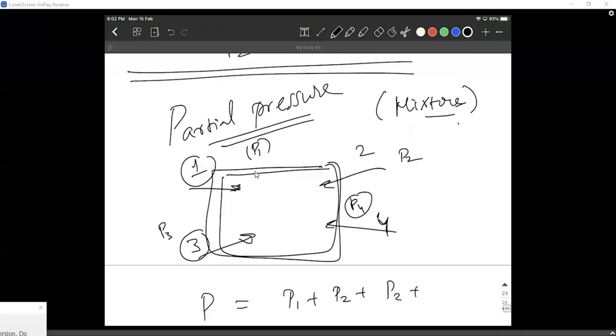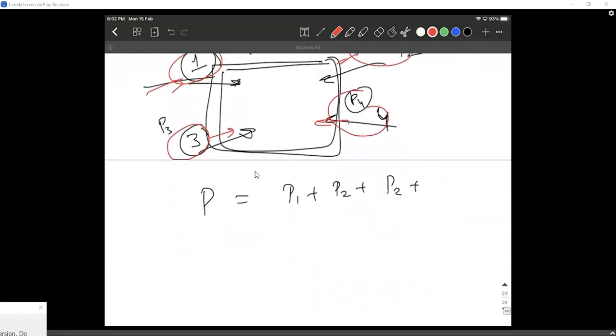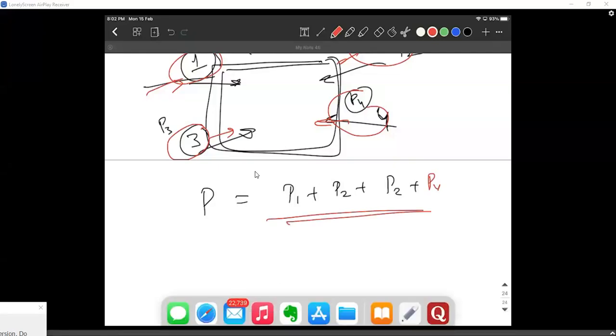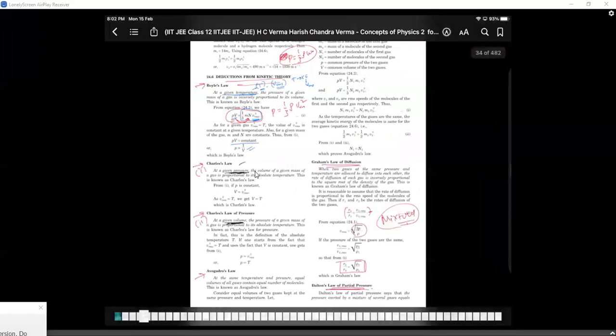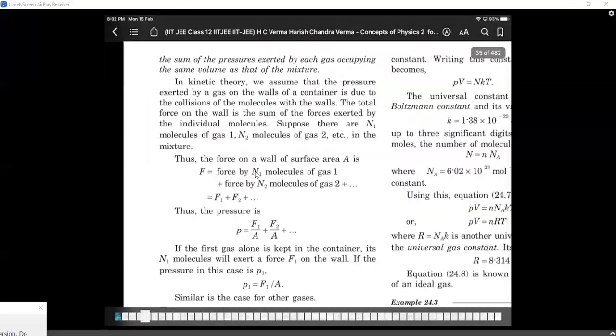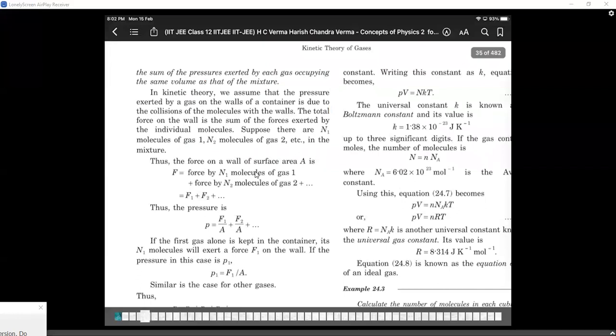The total pressure is all the pressures combined: the pressure put by only gas 1, only gas 2, only gas 3, and only gas 4. All you can do is combine these pressures, and it is quite intuitive.